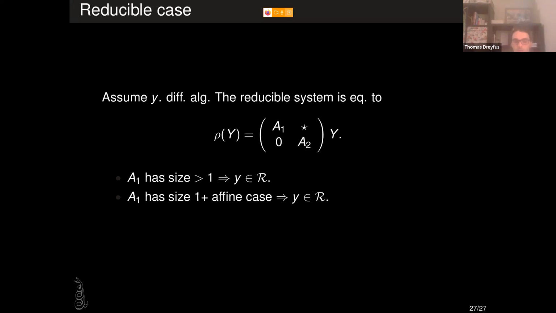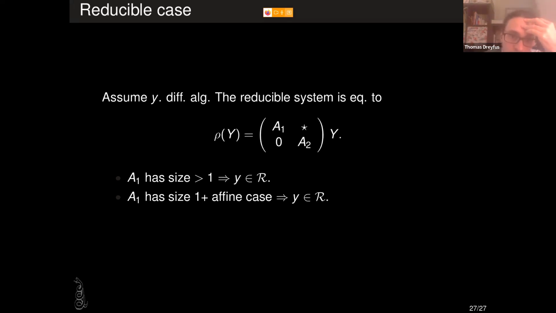When A1 has size bigger than 1, in fact, taking a smaller reduction of this kind, we can assume that A1 has minimal dimension, and then we find that A1 has to be irreducible. So if A1 has size bigger than 1, it is the irreducible case that I've given just before. I told you that the entries have to be in the small ring.